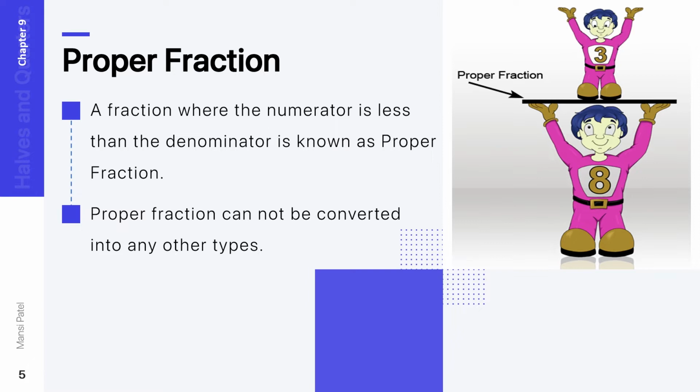In that we can't change anything into any different fraction, because the denominator is greater than its numerator. Therefore, again, in a proper fraction, always your numerator is less than the denominator. Then that fraction is known as a proper fraction.